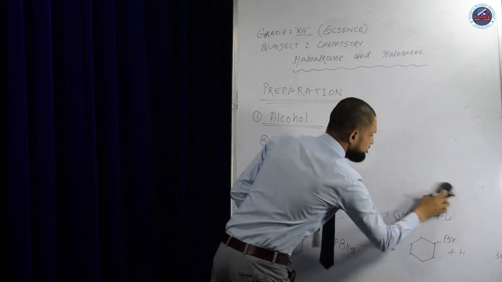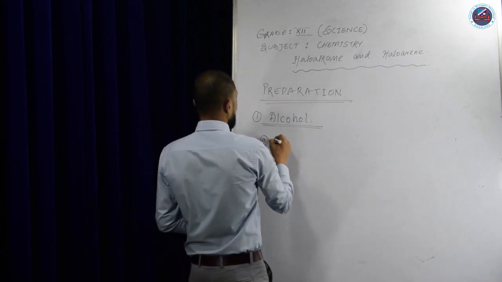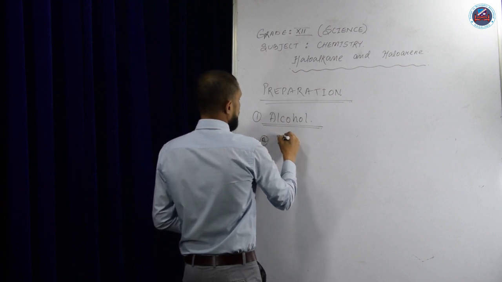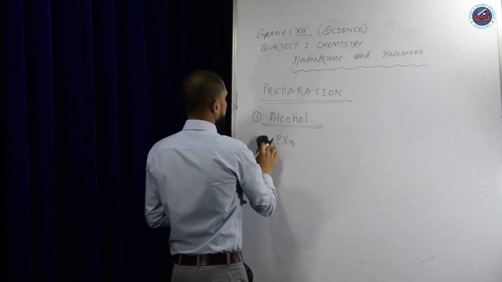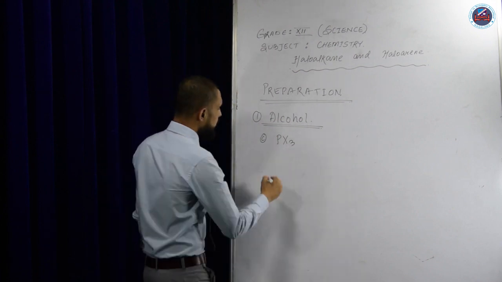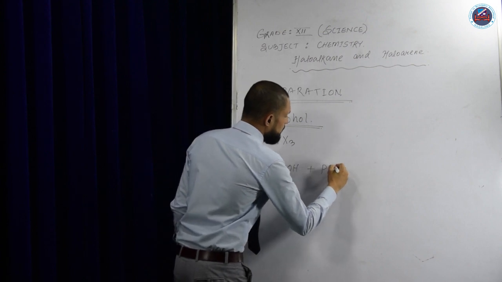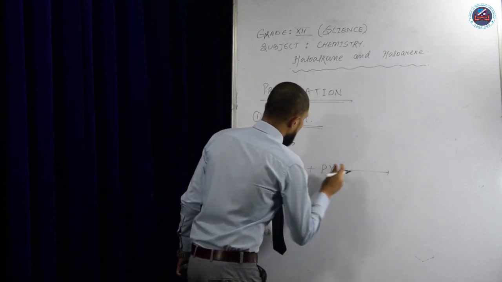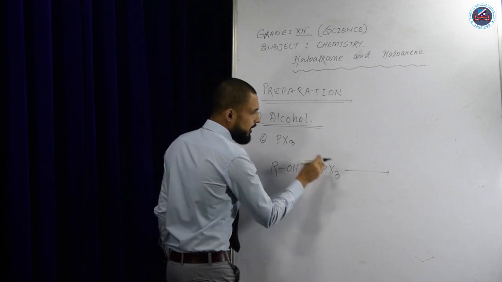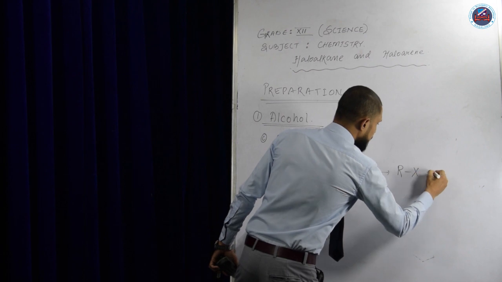Let us take the third reagent, that is PX3. When ROH reacts with PX3, again OH will be replaced by X. So we'll get RX.